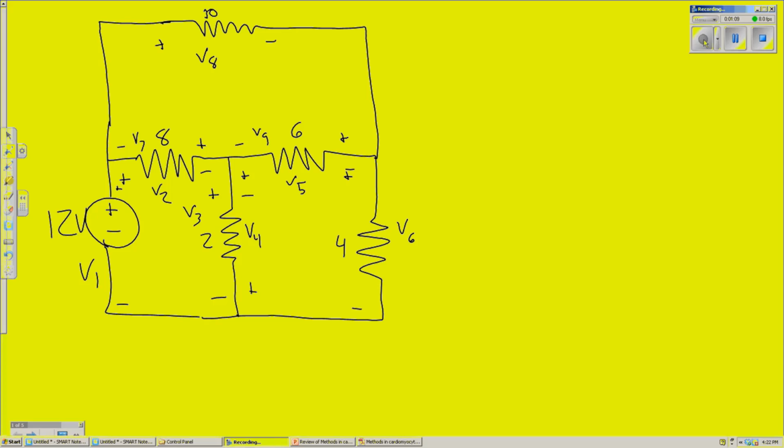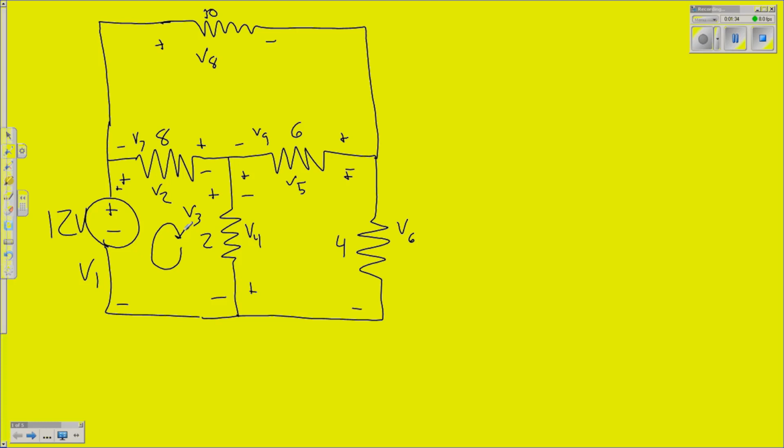To start using the mesh current analysis, what you want to do is define closed paths, like we do when using the voltage law. And we call these current loops, or mesh current loops. So my first one I'm going to define as going in a clockwise direction. We call them windows. So you can kind of see there's this blank spot in between all these components.